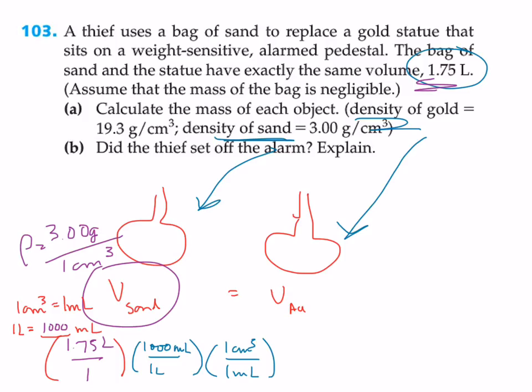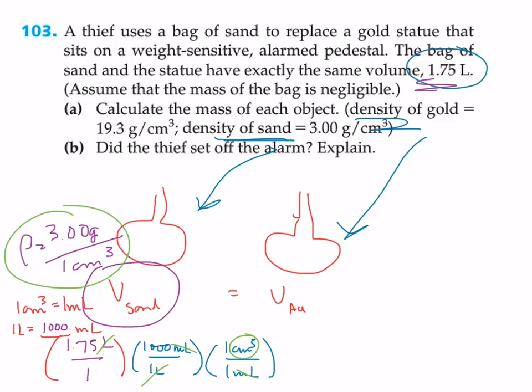So now, I've got volume in centimeters cubed, but my milliliters have canceled, my liters have canceled. Now how can I use density to get to grams? How many people think I can just plug it in like that? How many people think I need to flip it? What's that? Flip.